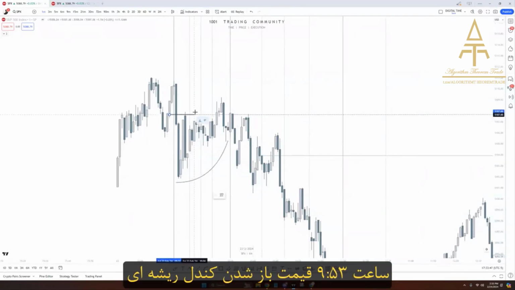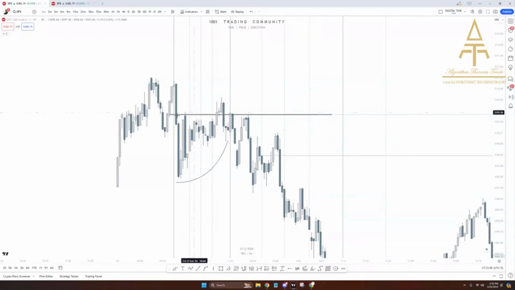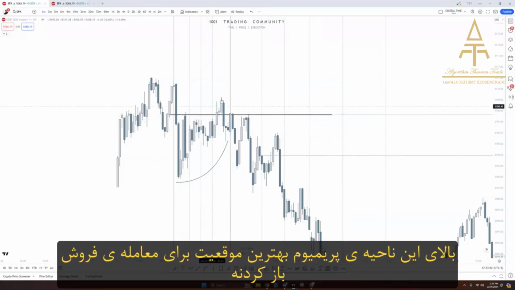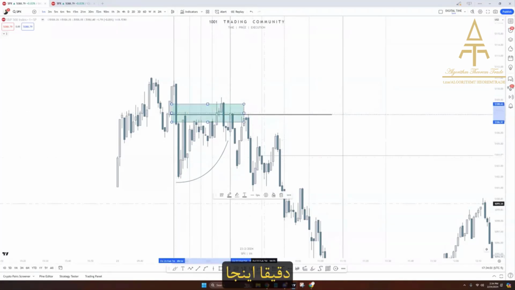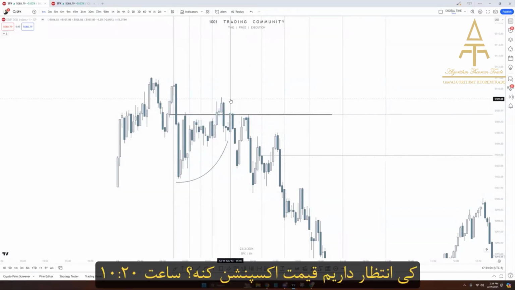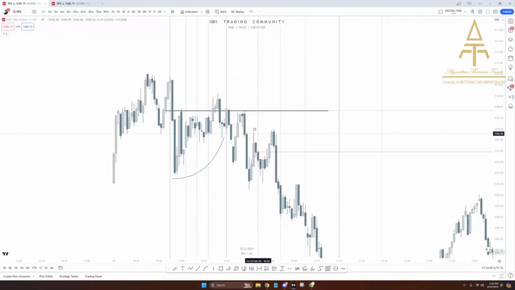953, opening price, root candle. There it is, above this premium. Perfect opportunity to short here. Right there. When do you expect price to expand? At 1020.